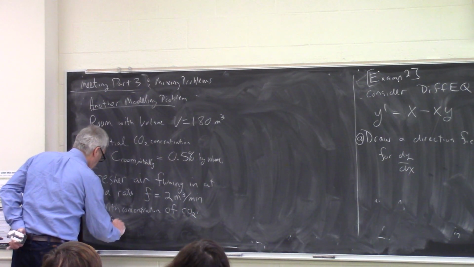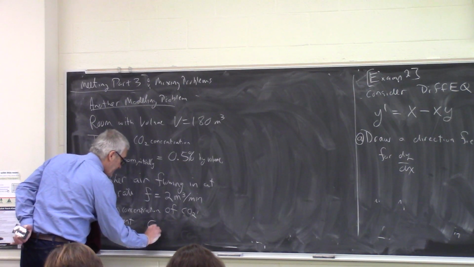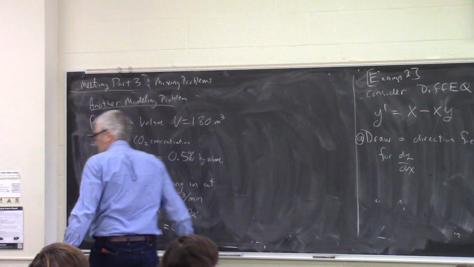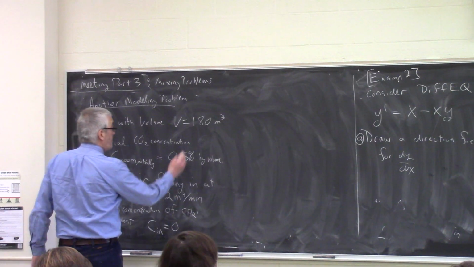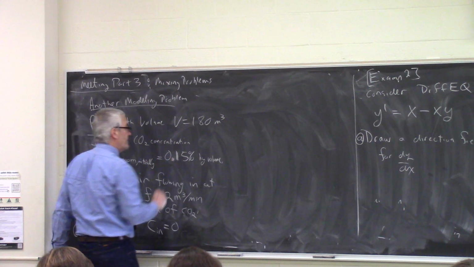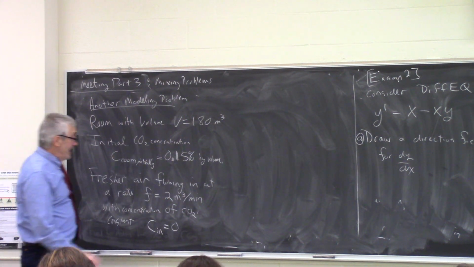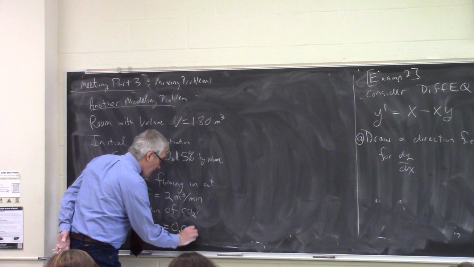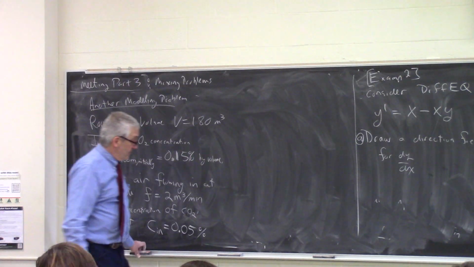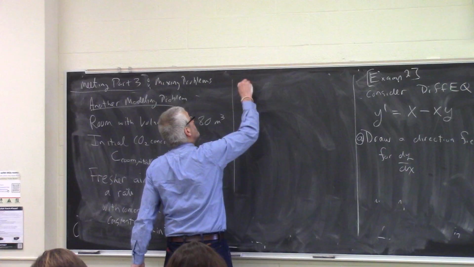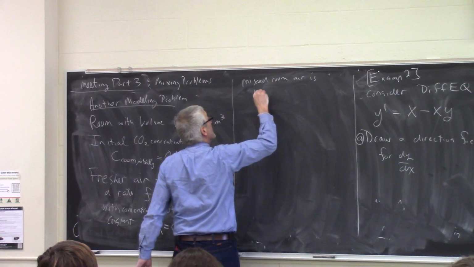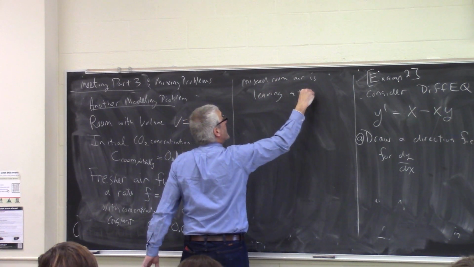The incoming air is fresher, so I'm going to call it Cn, and it's 0. Oh, this is a mistake. This should say 0.15. 0.15% is what's in the room now. What's coming in is 0.05%. So fresher air is coming in. And then mixed room air is leaving at the same rate.